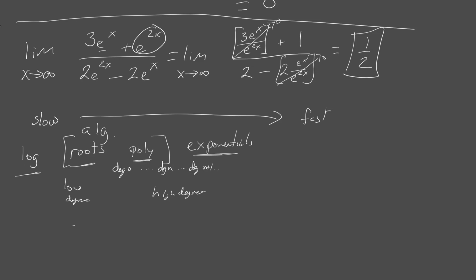So for example, if I had x to the 7/3 compared to x to the 9/5, this has degree 2 1/3. This has degree 1 4/5. So this is going to be faster, since its degree in some sense is higher.